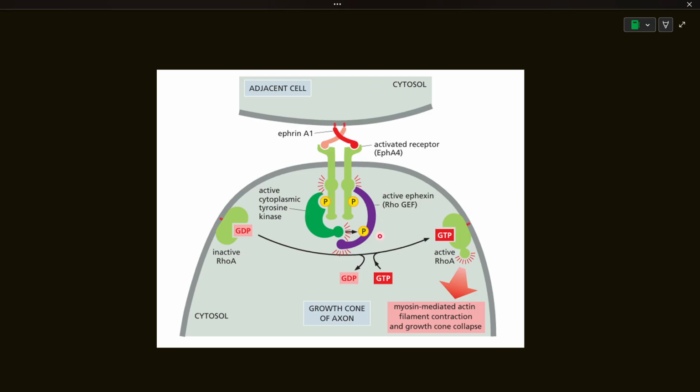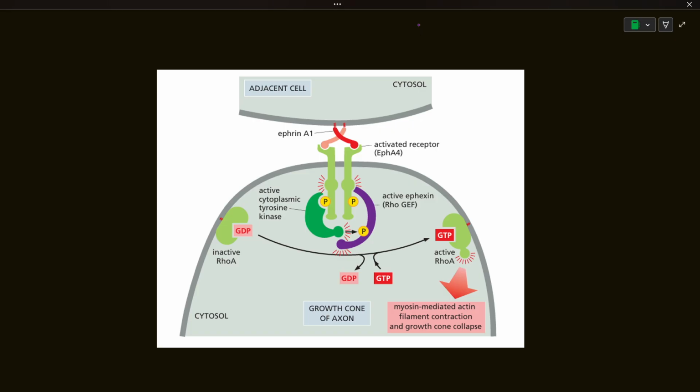So it is not associating itself with the phosphotyrosine residue. That is clear. Once this Rho-GEF gets phosphorylated, it is now activated, so it is going to replace the GDP on the inactive Rho-A with GTP, and this active Rho-A is going to do its downstream job. So what does it do?